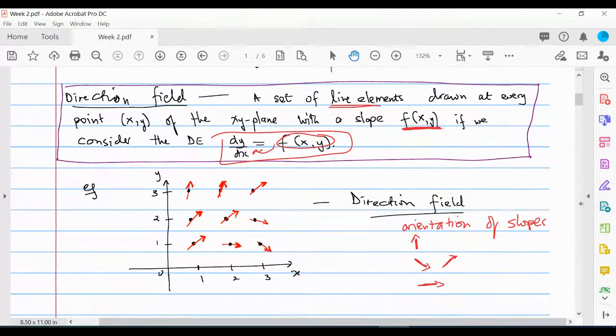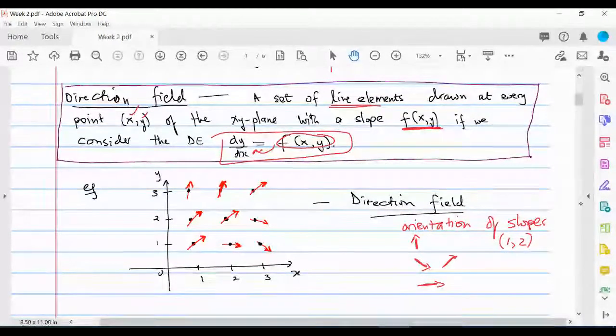At every point x, y that is specified in a given region, this region could be a small rectangle or the whole of the XY plane. You are only trying to check, for example, the point 1, 2. What orientation do we have there, given the function f of x, y?